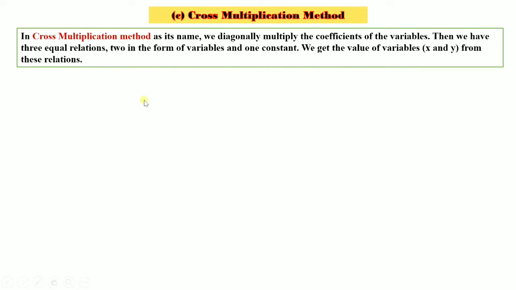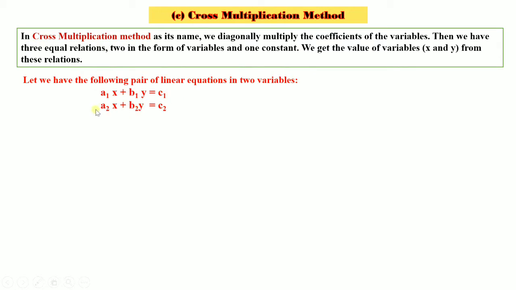So let us start. Let we have the following pair of linear equations in two variables. This is the first equation and this is the second equation. You have to remember these blue ink written letters.